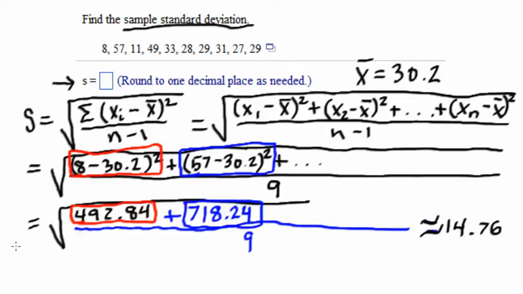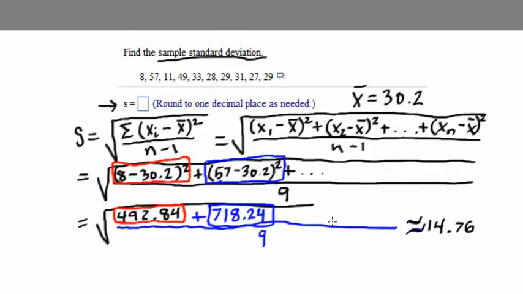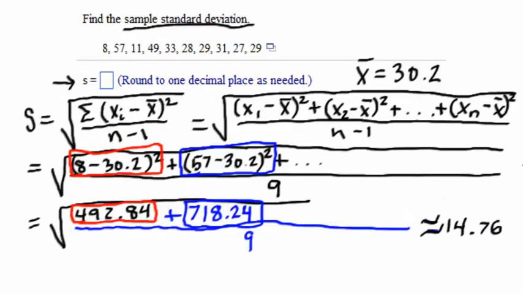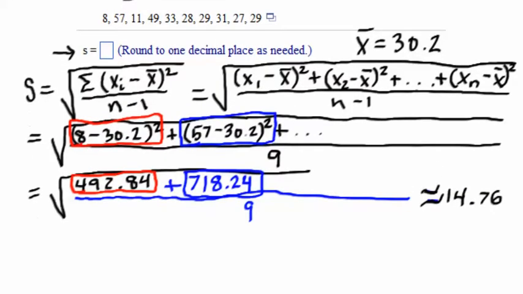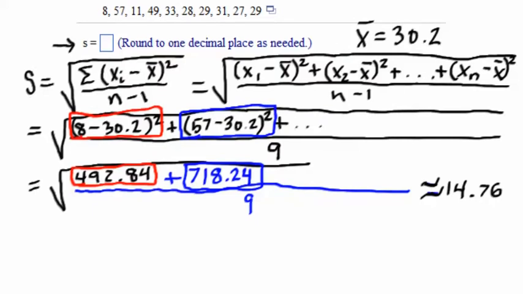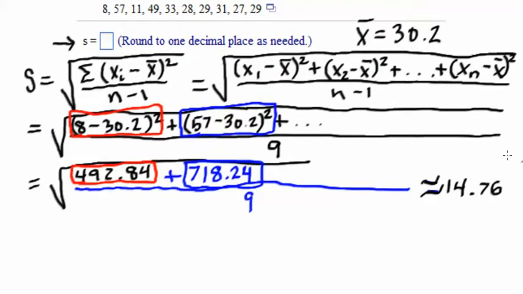Now let's quickly talk about the population standard deviation. So let's imagine that this was not a sample. Let's imagine that these values right here are part of a population. So these are all the values, the entire census.